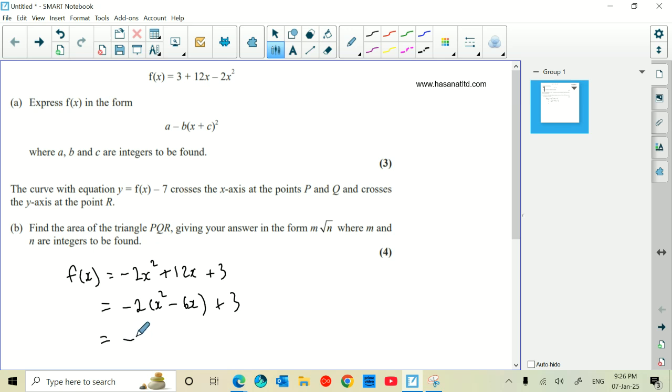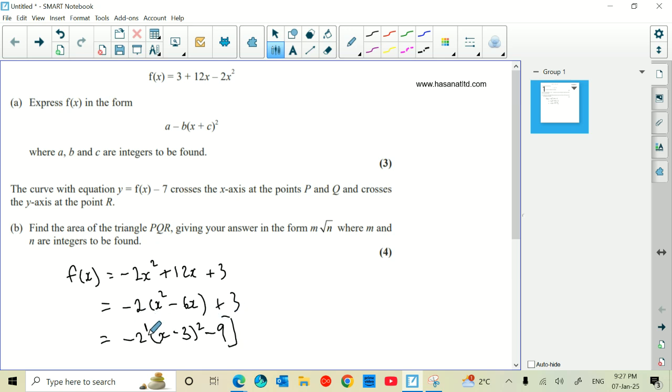So I've got minus 2, and minus 6 over 2 is going to give me minus 3. So that's going to give me x minus 3 all squared. And of course, expanding the square will give me x squared minus 6x plus 9. So I've got to take away 9, and that's got to be all in brackets.